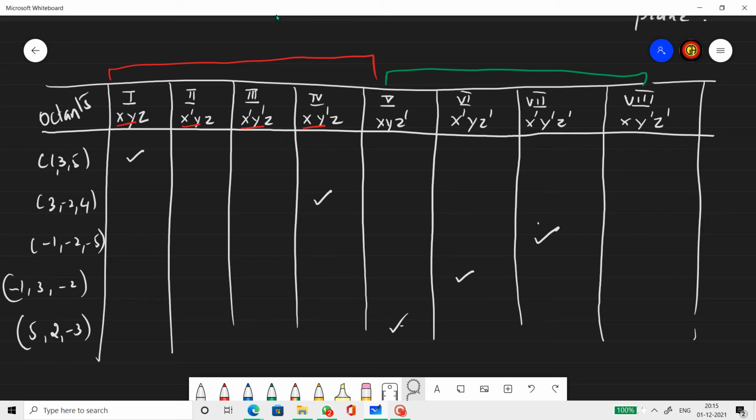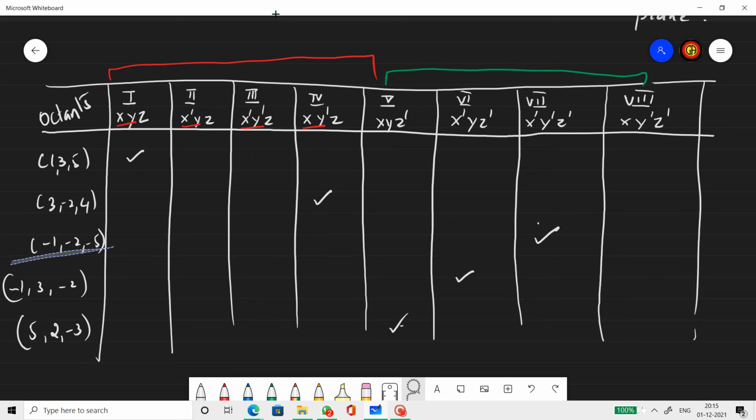Now assume there is a point (1, 3, 5). Here x, y, z, all 3 coordinates are positive. So it is plotted in the first octant. The next one, (3, -2, 4): x positive, y negative, z positive. So it will be plotted in the fourth octant.